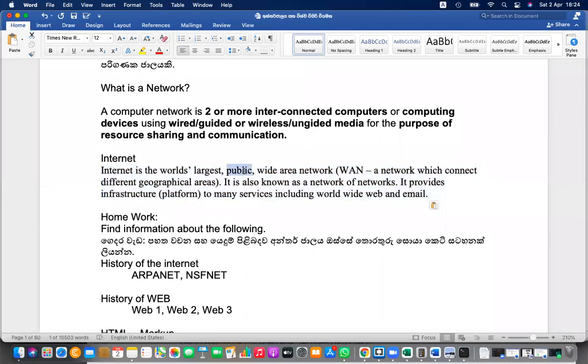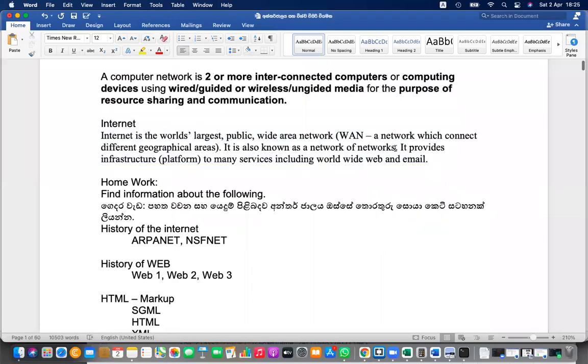It's public, and it is a wide area network. A wide area network, or WAN, is a network spread across different geographical areas. It is also known as a network of networks, a giant network of networks.